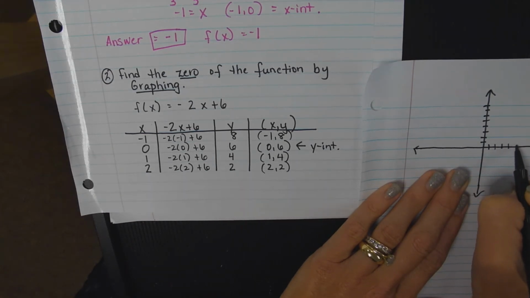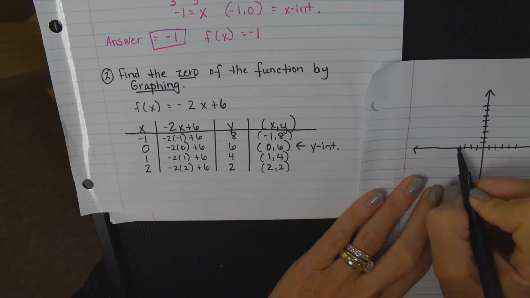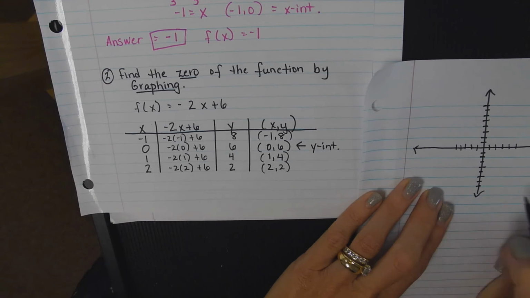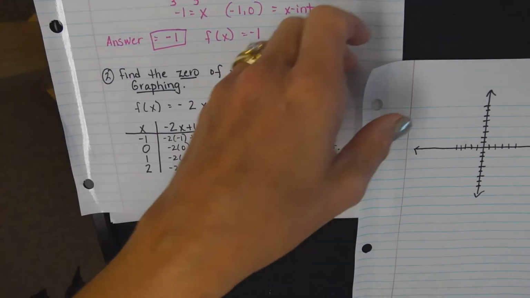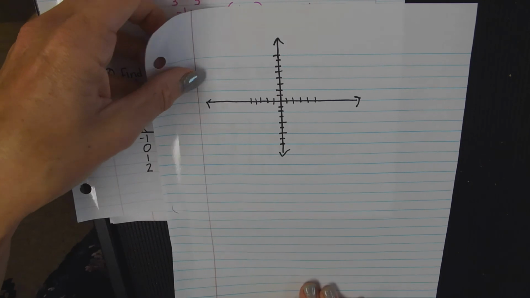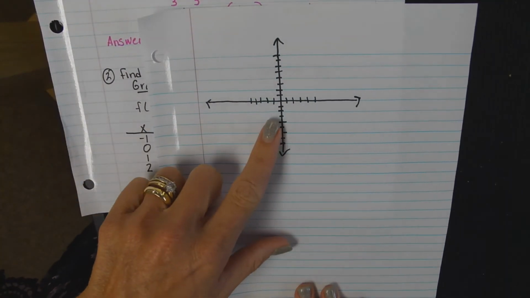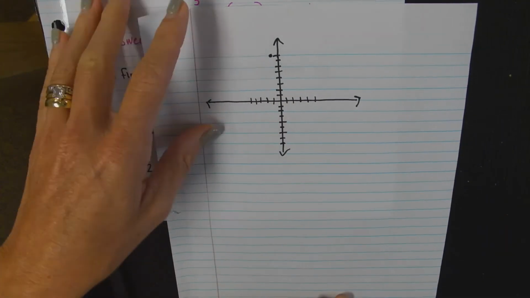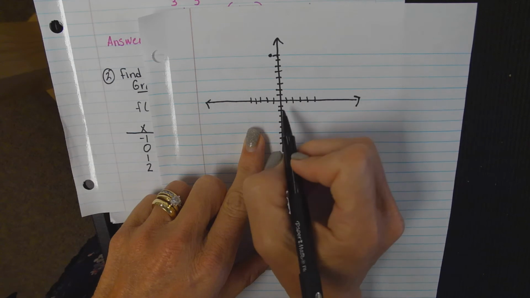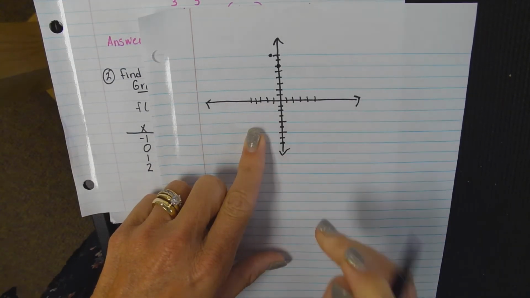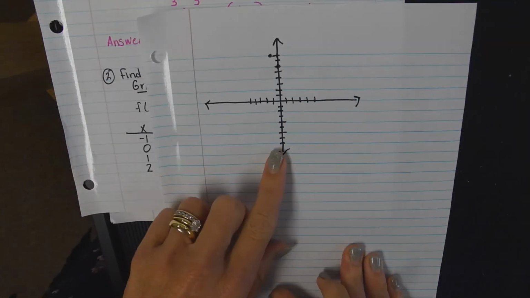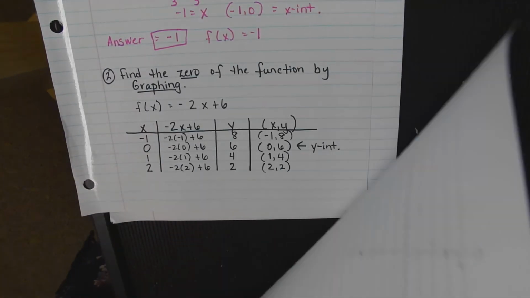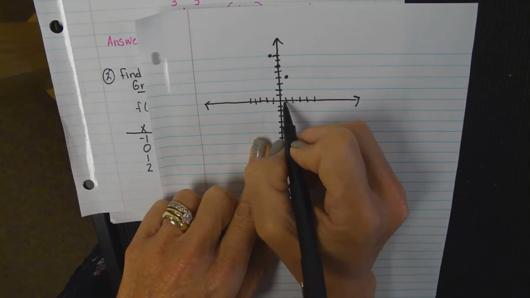Okay, I'm going to move this right here. We're going to do our points. -1, 8. 0, 6. Here is our y-intercept. 1, 4. 2, 2.